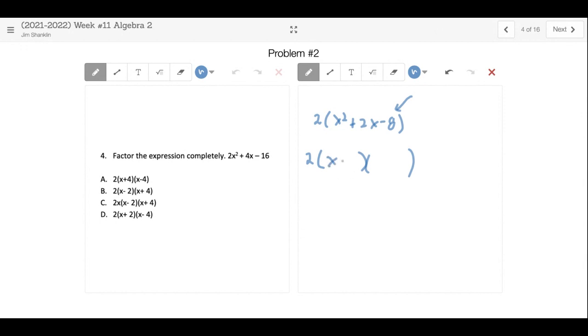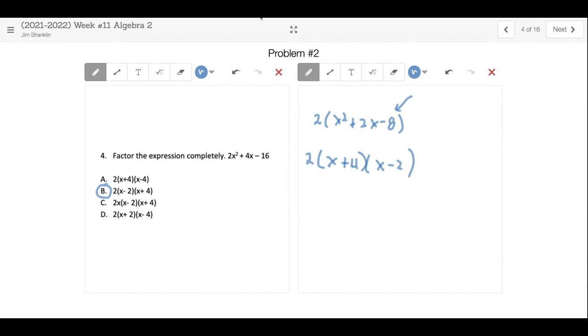Excellent. So I've got x plus 4, x minus 2. And there's x plus 4. So letter B. Is that right? So letter B should be my answer. Okay.